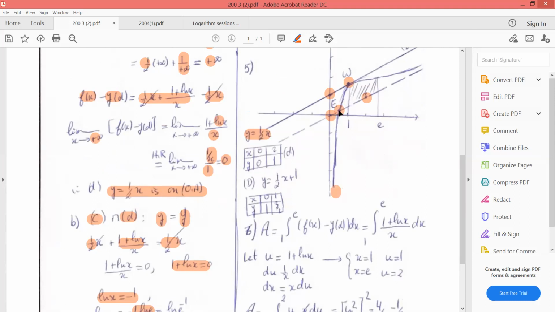It should pass through E. It makes a tangent at W to the line D. Then it will go near the oblique asymptote. On your calculators, you can take as many particular points as possible: put the function in the calculator, mode table, and take as many particular points as possible.